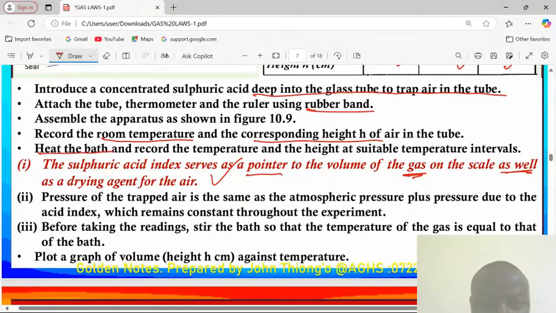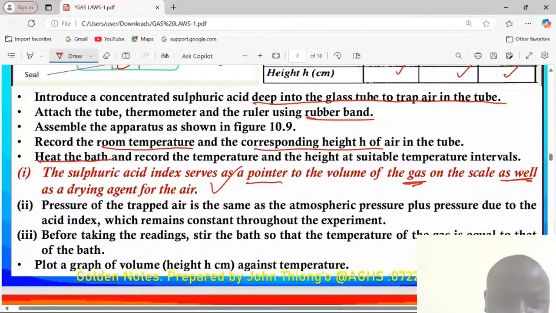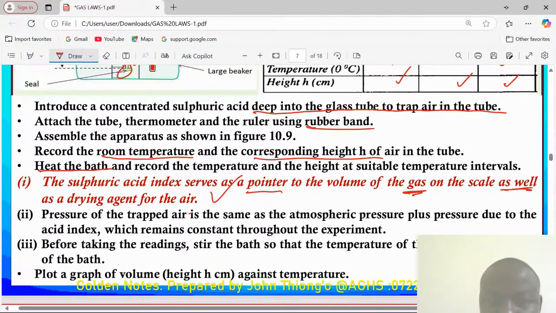The pressure of the trapped air is the same as the atmospheric pressure plus pressure due to the sulfuric acid, which remains constant throughout the experiment. Therefore, we are performing the experiment under a constant pressure. What is varying here is temperature and volume.